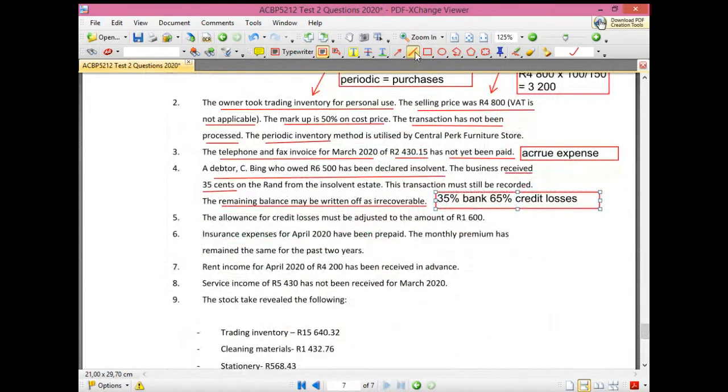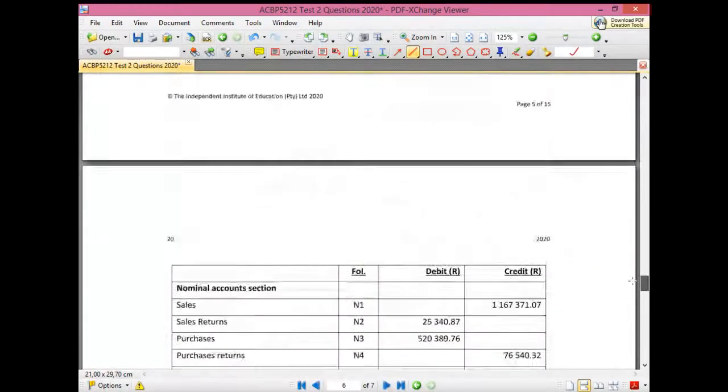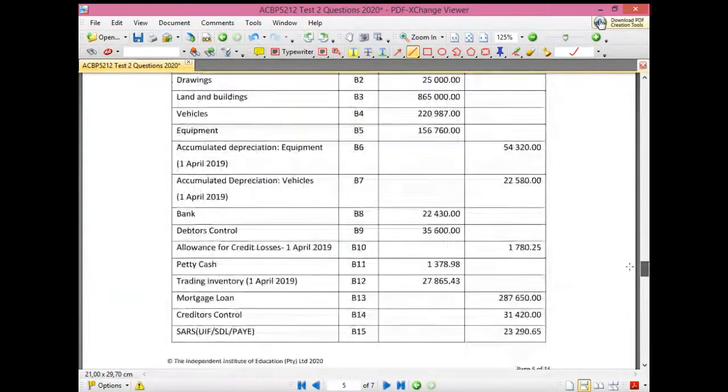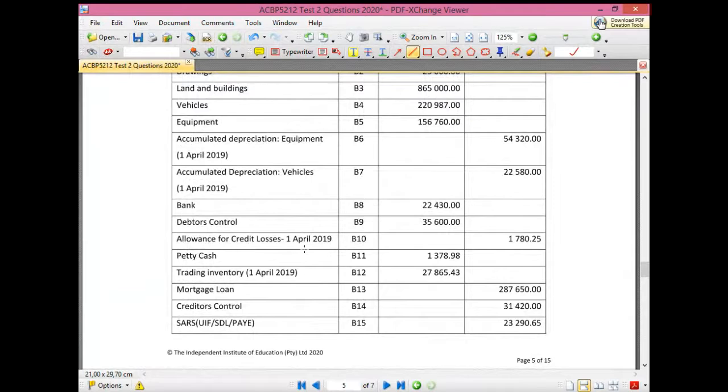Then if we go to point 5, the allowance for credit losses must be adjusted to 1,600. If you go back to your trial balance and look for your allowance for credit losses, this is on the 1st of April.